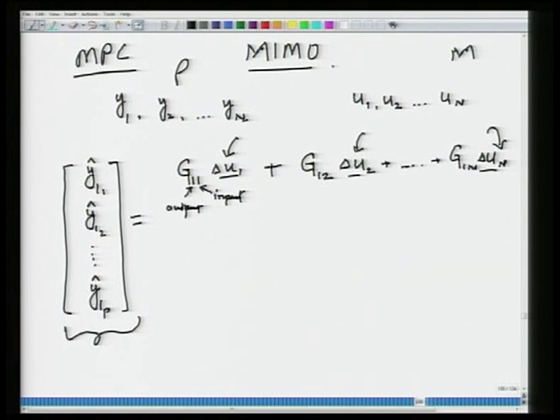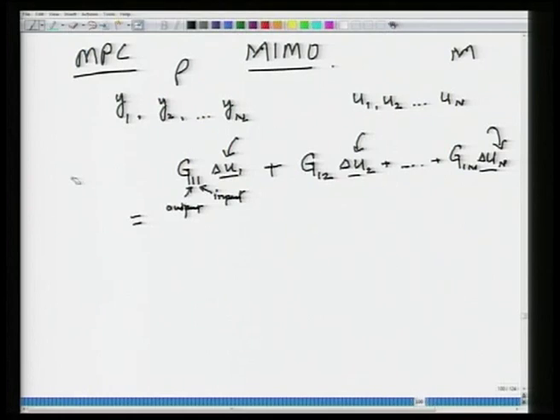So, if I write this in matrix form and I simplify this, what I have then is y1 predicted over my prediction horizon comes from here.